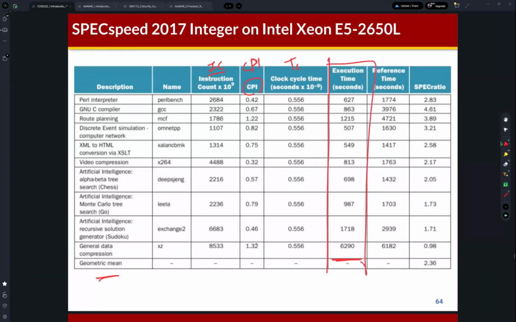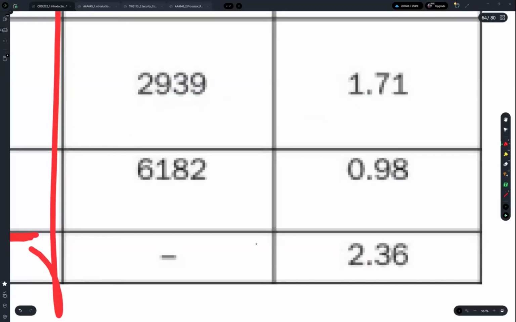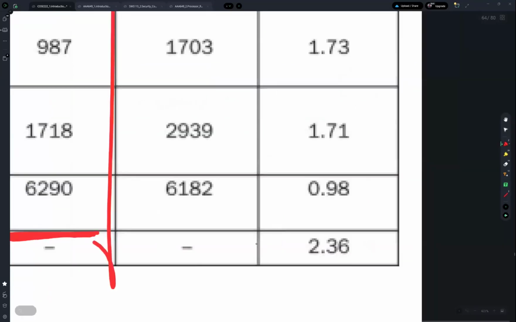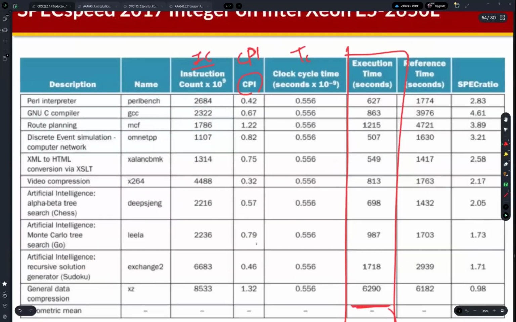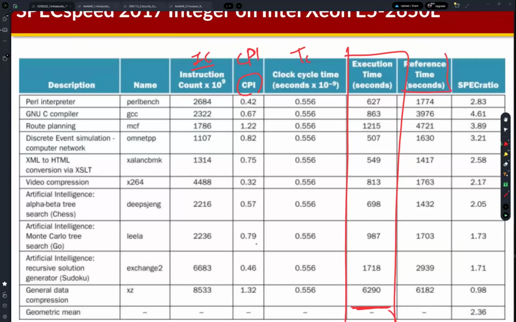And in order to measure the performance, actually I explained that we need to compare the performance with the baseline machine. So you can find the reference time.